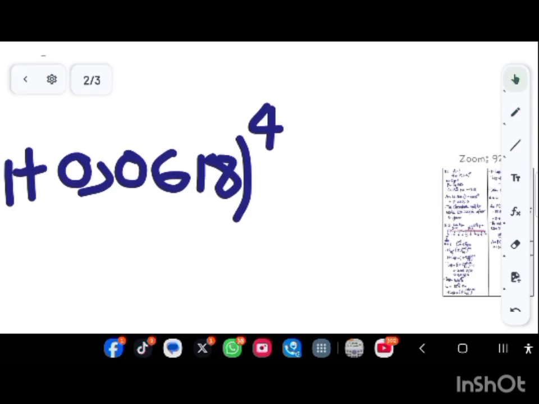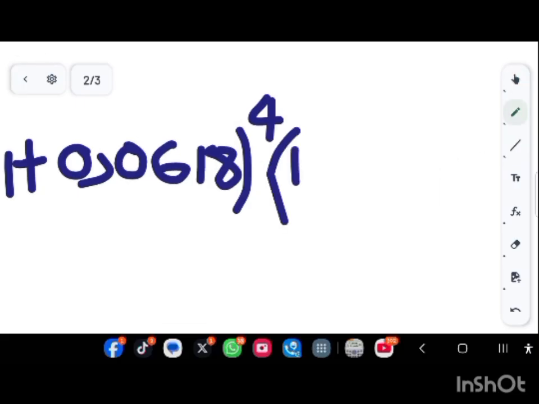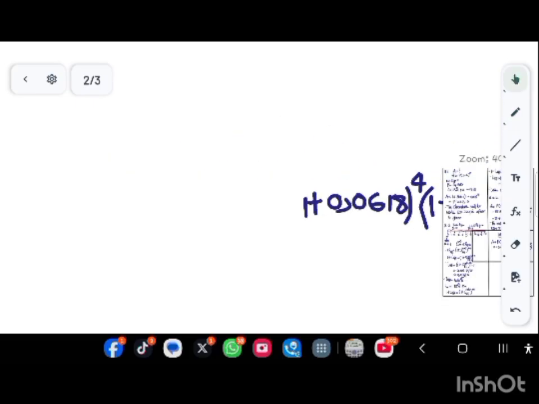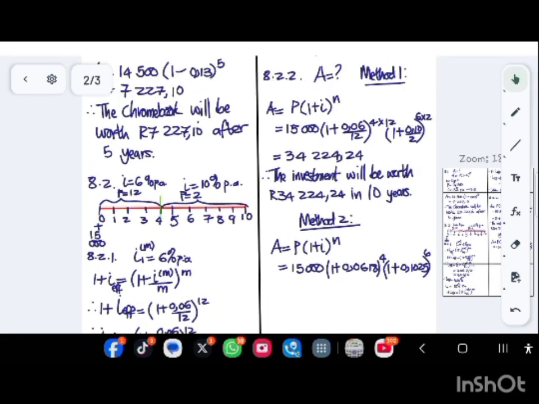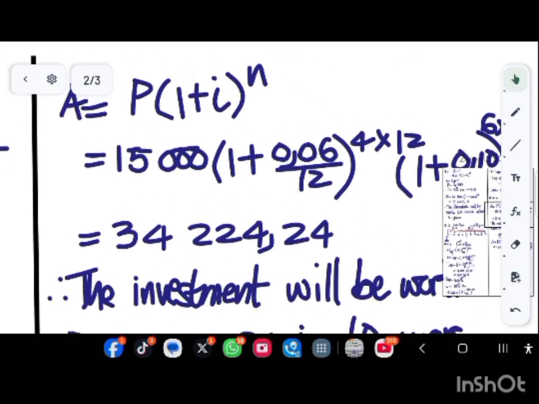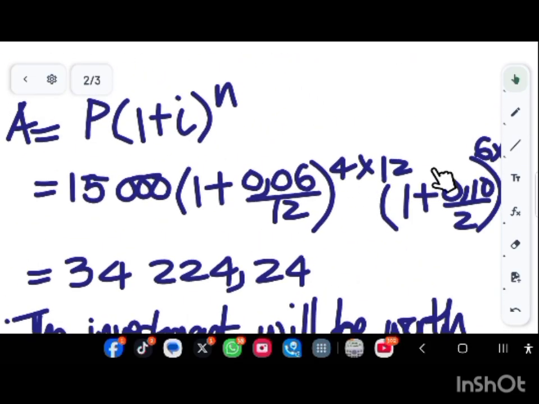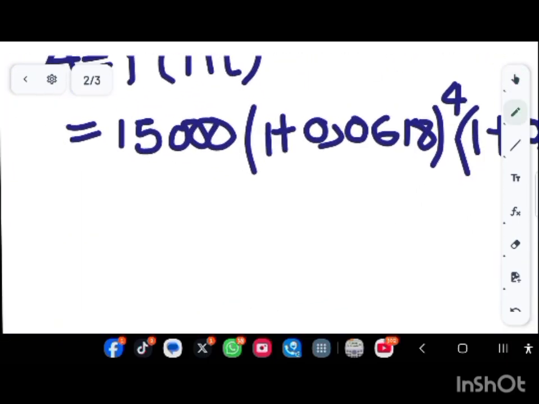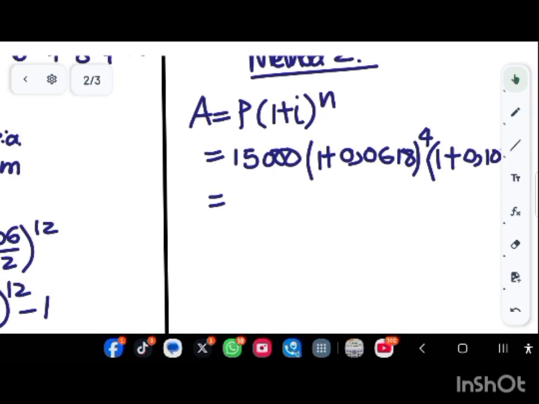We don't do any adjustments to the time because we've already calculated the effective interest rate. Now notice for both cases, if you want to see that the total number of years matches, that's 4 plus 6. Same story here, 4 plus 6, that gives us a total of 10 years. Take out a calculator, let's punch in the numbers.